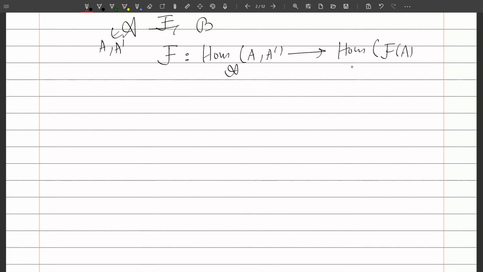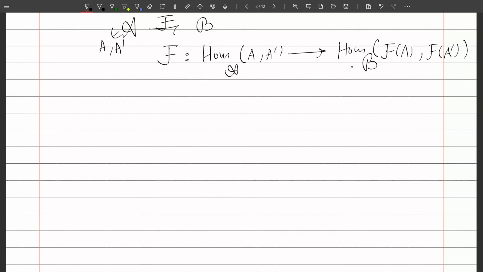Now F of A is an object in the category B, and F of A prime is also an object in the category B. So this morphism set is in category B. Now if this functor is injective, we say F is faithful.